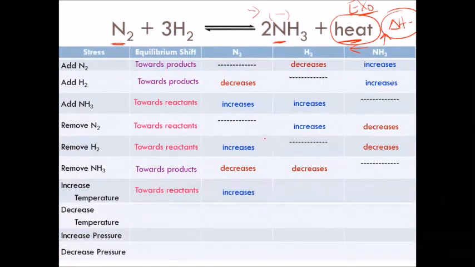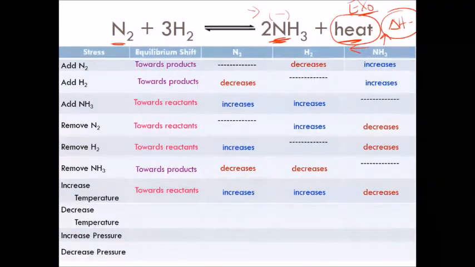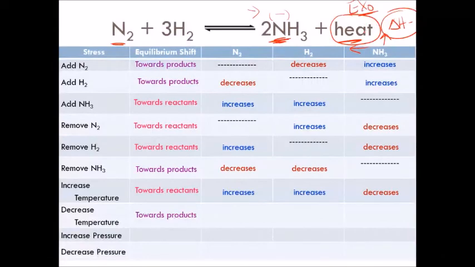So that means the nitrogen is going to increase, the hydrogen should increase, but the ammonia over here on the product side will decrease. The opposite is true. If we remove heat from this side, it should go towards the products. That means the two reactants will decrease, both of these guys, and then of course the product, the ammonia over here, will increase.